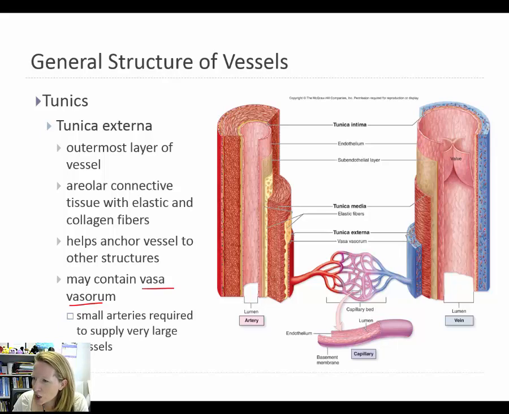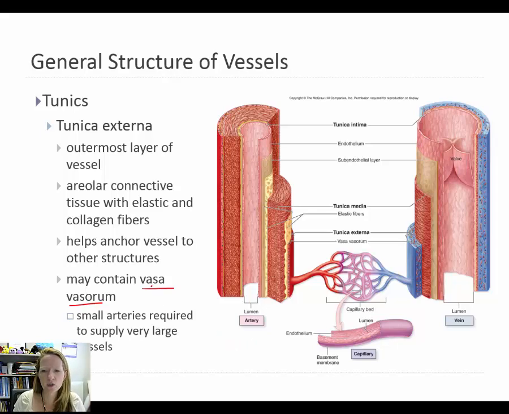So if you take a look closely, you can see all of these little veins and arteries, the little red and blue things in there. That's a vasa vasorum. It's going to be how these really thick wall layers and these really big vessels are going to be able to get blood, because remember how we talked about with the heart and how thick the muscle wall layer was, and diffusion was not going to cut it, so it needed its own blood supply, the coronary arteries.